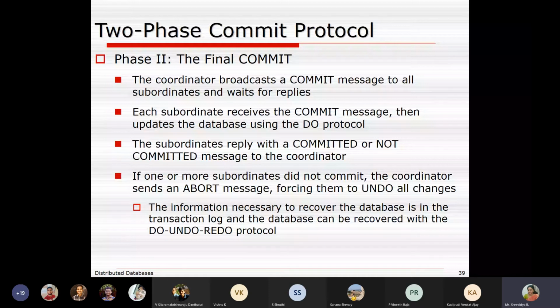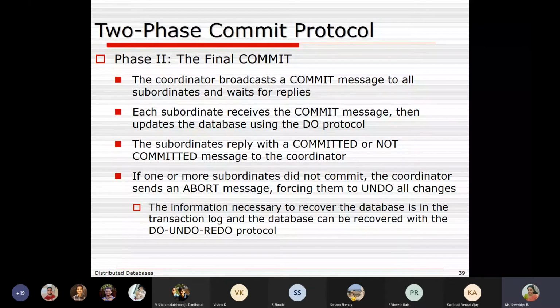In that case, the coordinator will send a message to go for an abort, that is, execute the undo part of your protocol.